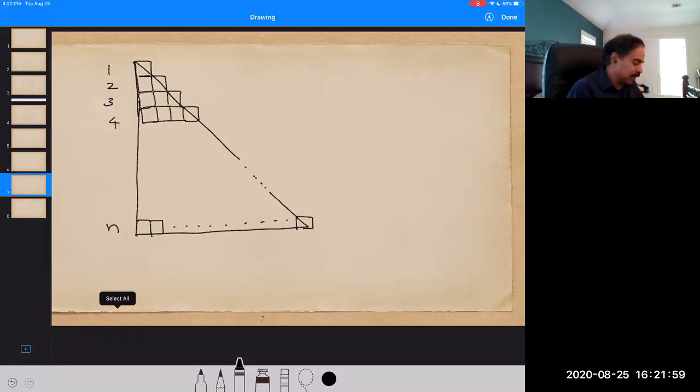So 1 is represented by 1 square, 2 is represented by 2 squares, and n is represented by n squares there.